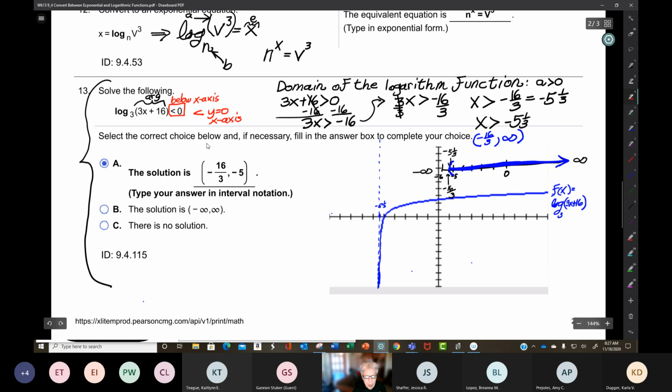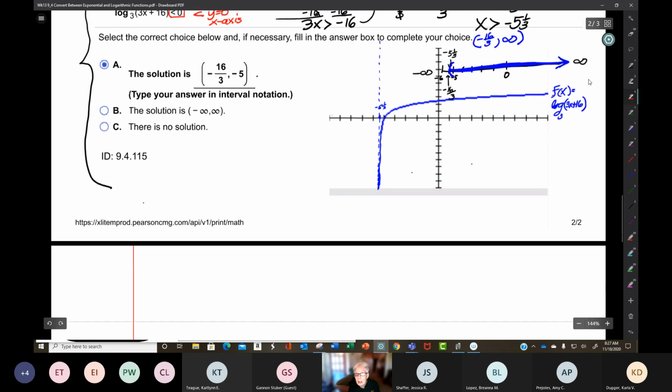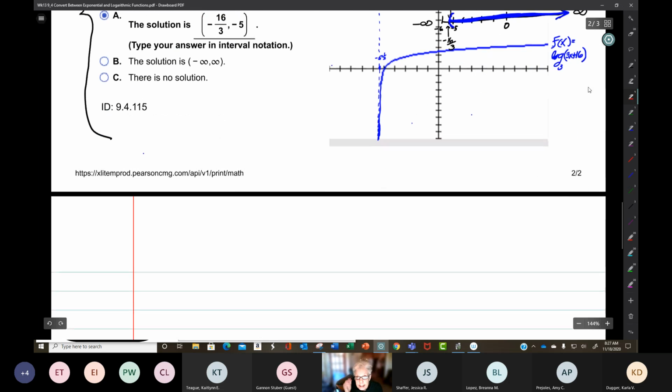Okay, well, I can see where that is. If I can graph it, I can see it. And I am going to show you how to graph it without using log base, but give me a minute here. The part of the graph that is distinctly below the x-axis, so that'll be an open circle there, is this part.